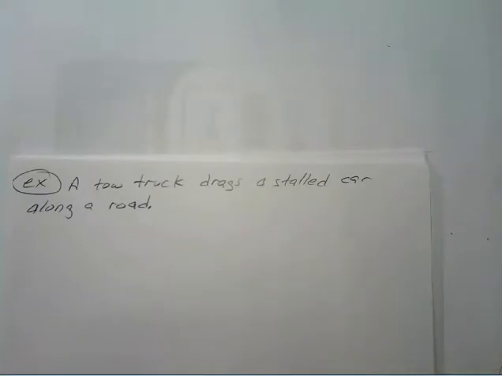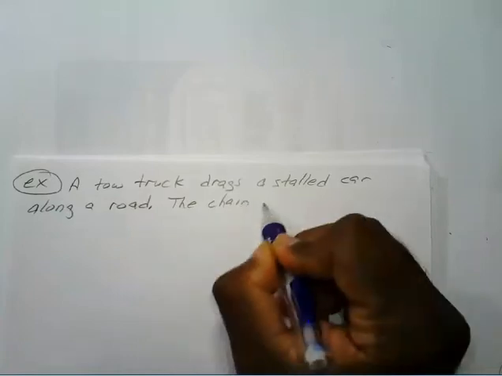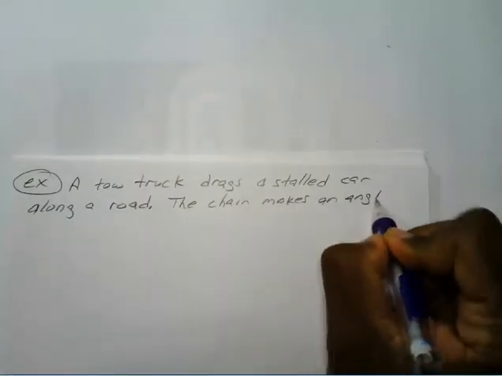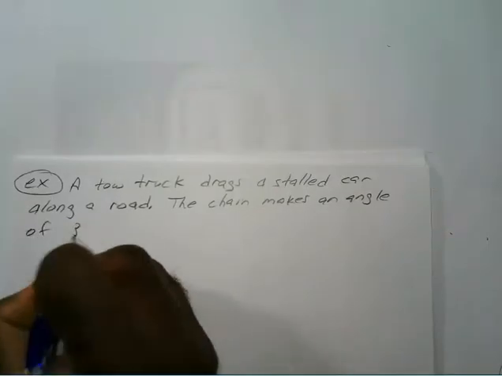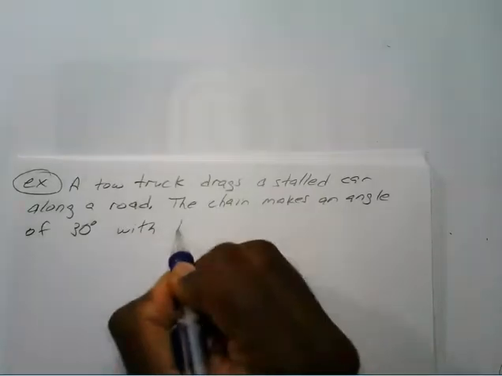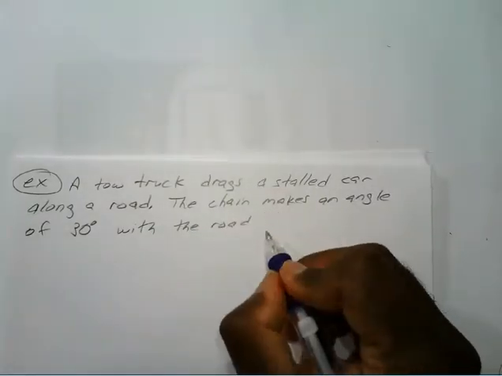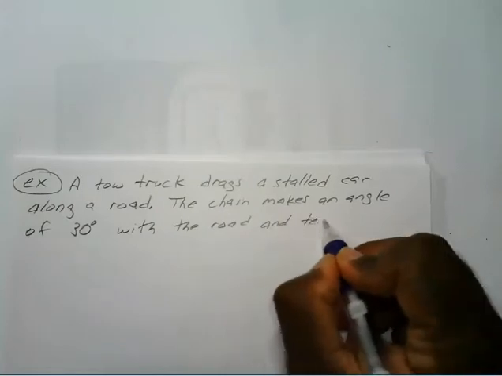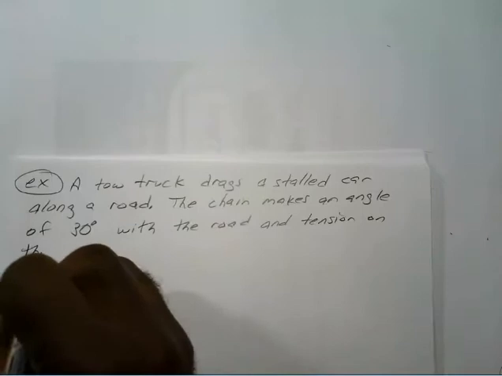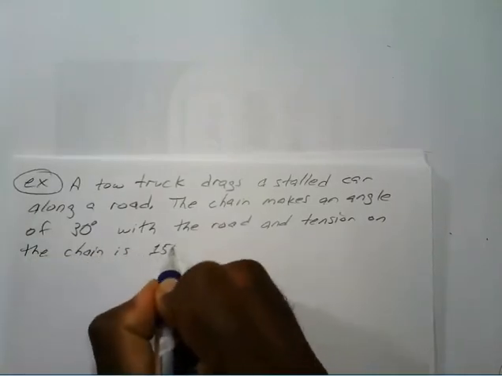Okay, so let's say the chain makes an angle of 30 degrees with the road and tension on the chain is 1,500 newtons.